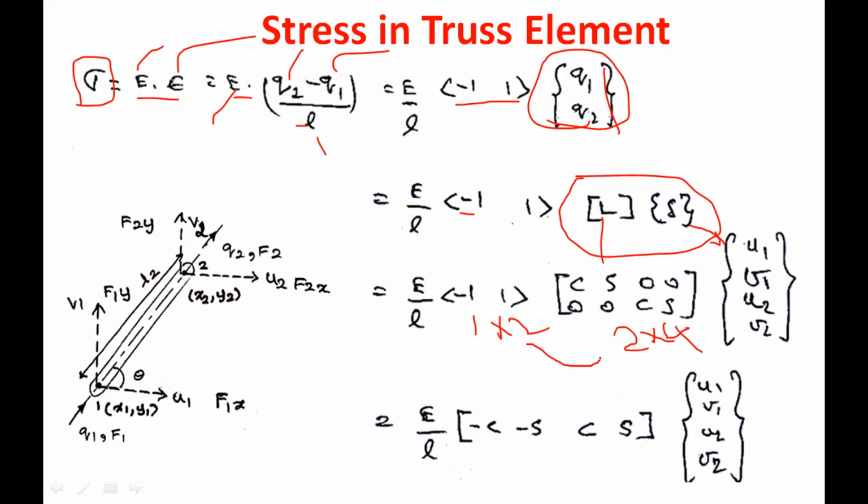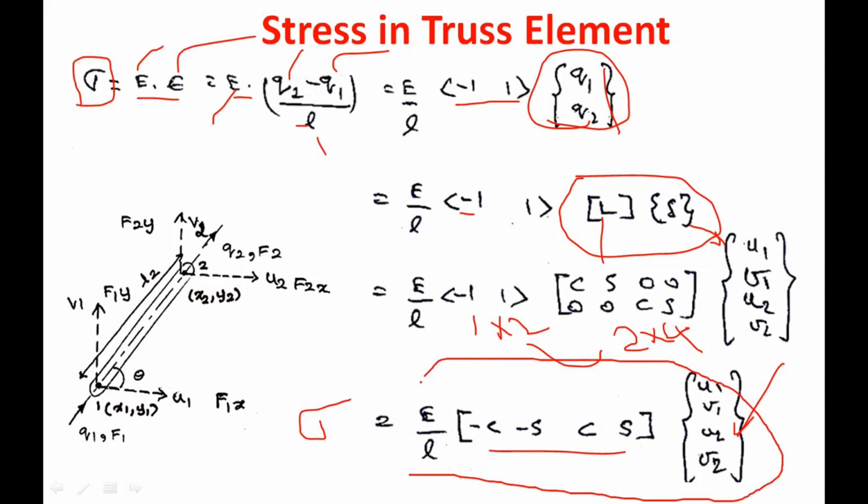When you multiply these two, you will get a 1 by 4 matrix: minus C, minus S, plus C, plus S, with the displacement matrix as it is. When you want to evaluate the stress of a truss element, directly we can use this equation: E by L, the row matrix minus C, minus S, C, S, and the column matrix U1, V1, U2, V2.